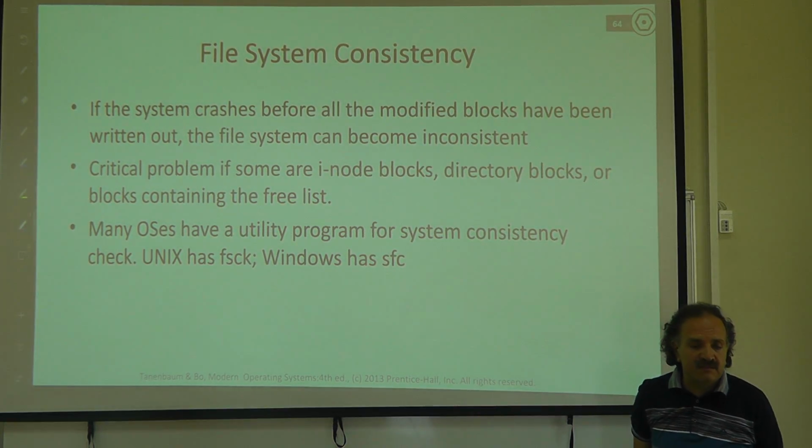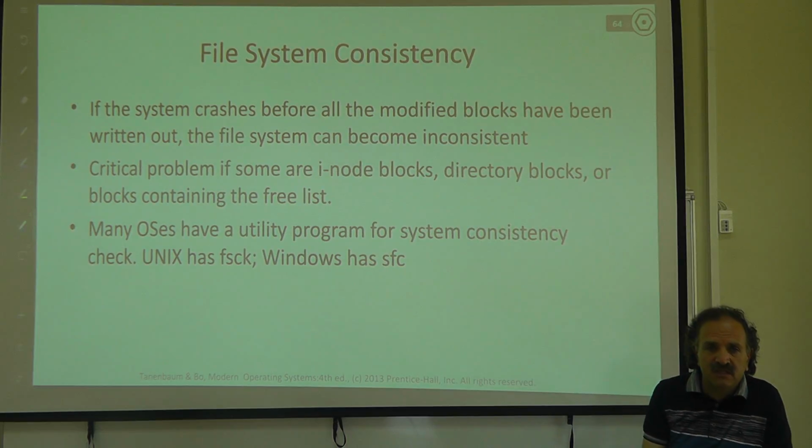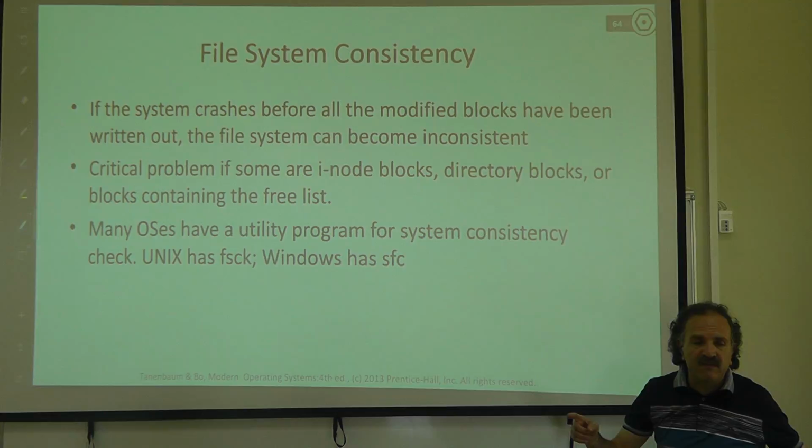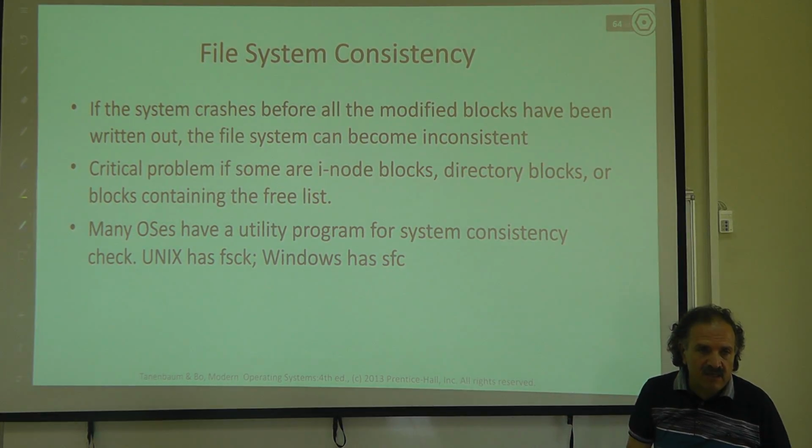Some of your files might be inconsistent because your system crashed while you were writing to the disk. Since the files can be very large, it might happen. Sometimes it takes a whole minute to write a PowerPoint presentation to the disk. When your computer crashes while you are writing it to the disk, there is going to be a very serious problem with your file.